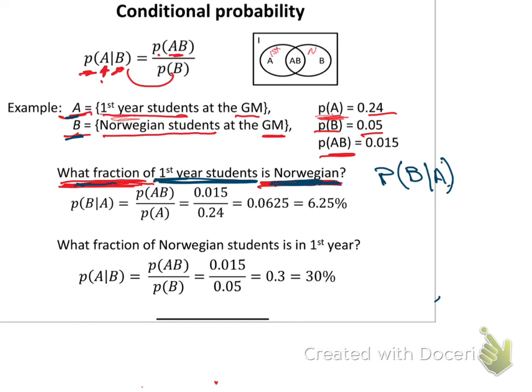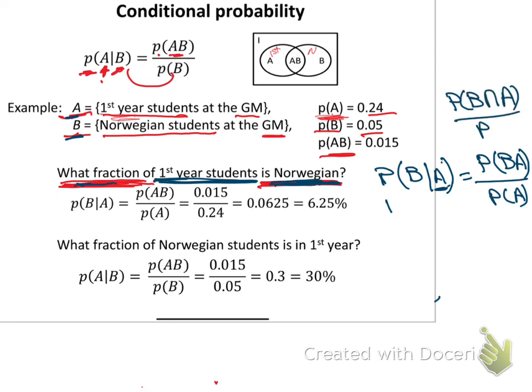The order matters. So it equals probability of BA divided by the probability of the last one, the given one, probability of A. We can write it as the probability of B intersect A divided by the probability of A. You will find this in most of the books, but here in Debrecen they're using this notation.